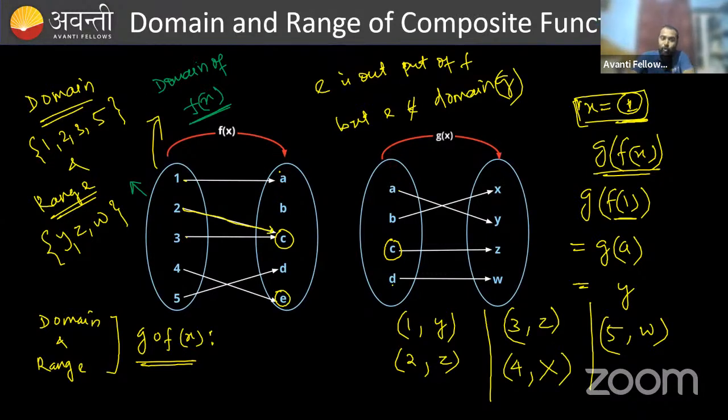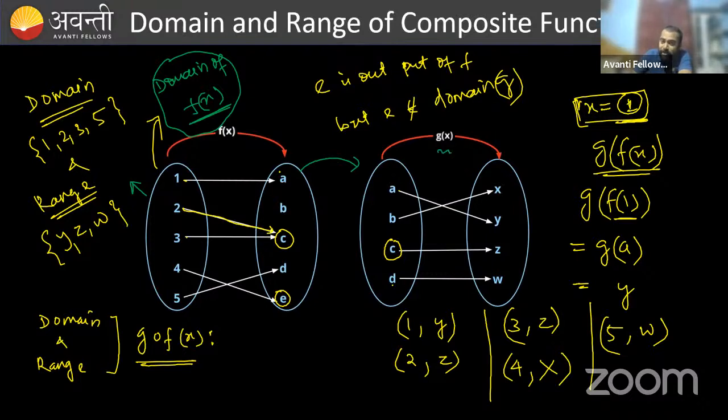Is that clear? So to find the domain of g of f of x, first find the domain of f of x. Then you will get some outputs of f of x. After getting all the outputs of f of x, put those outputs as input in g of x. G of x is also one function, yes or no?